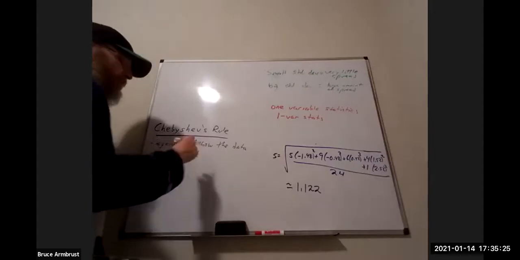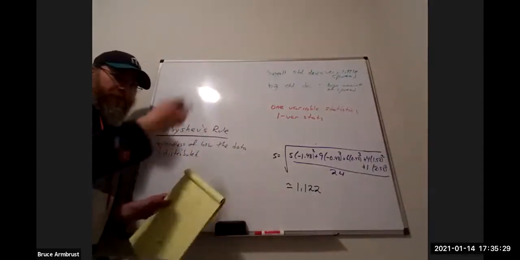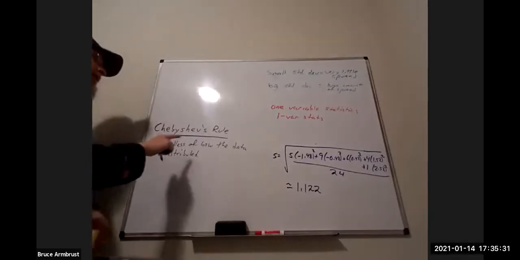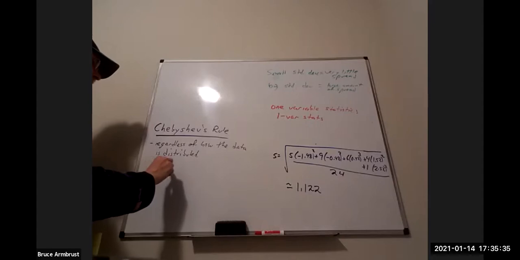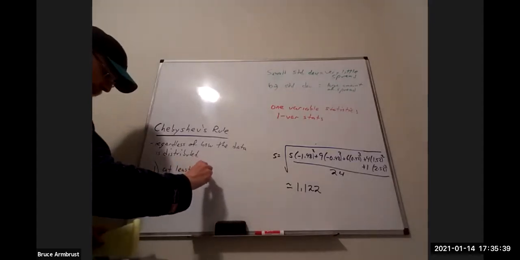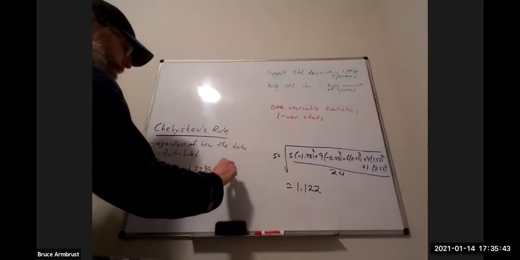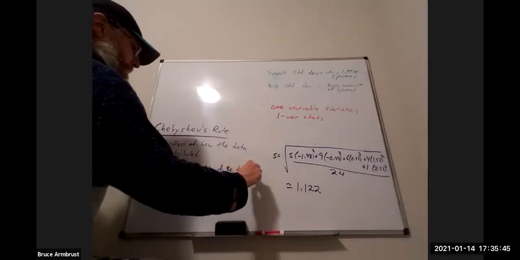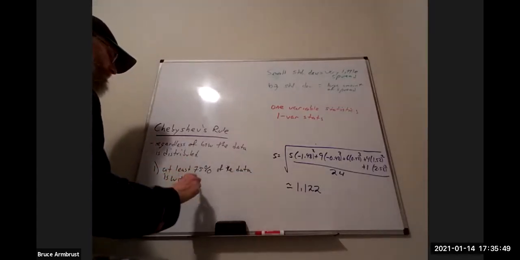So no matter what the data looks like, spread out, close, whatever, regardless of how the data is distributed, we know at least 75% is within 2 standard deviations of the mean.